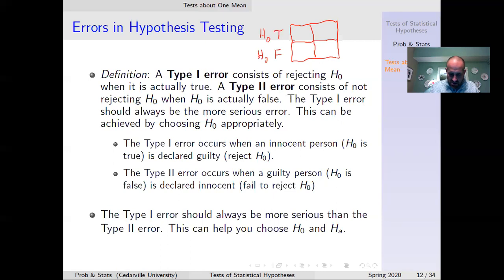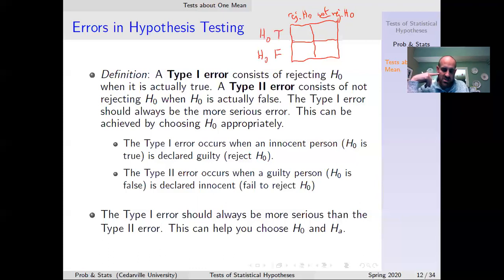Okay, and then what are the two things that you can do with the null? Well, you can reject the null or not reject the null. Okay, so that's labeling our columns. So I have to tell you, I guess, which of these boxes are actually erroneous.